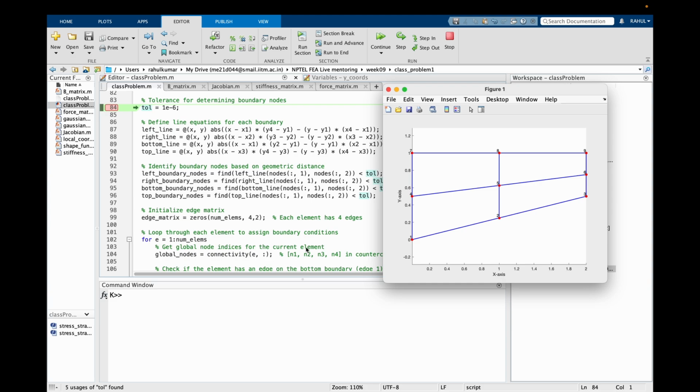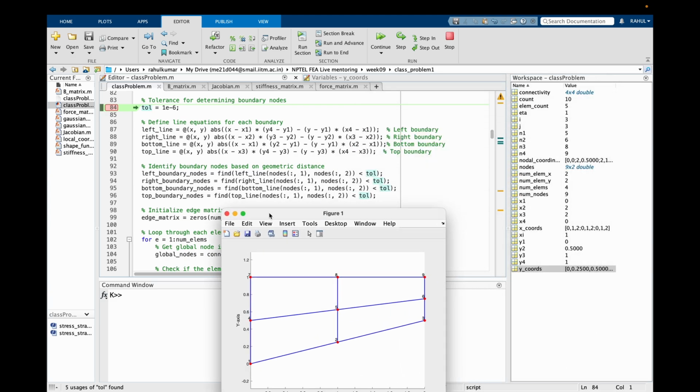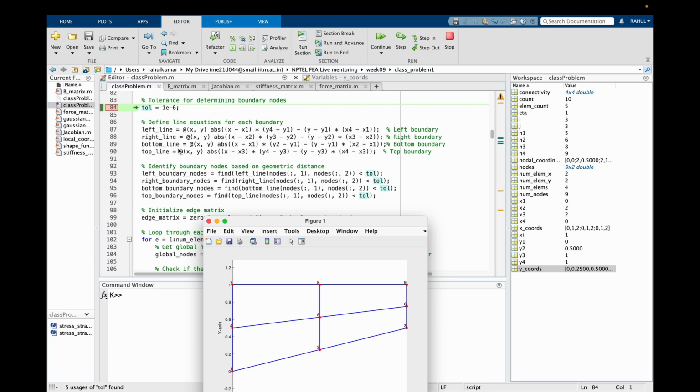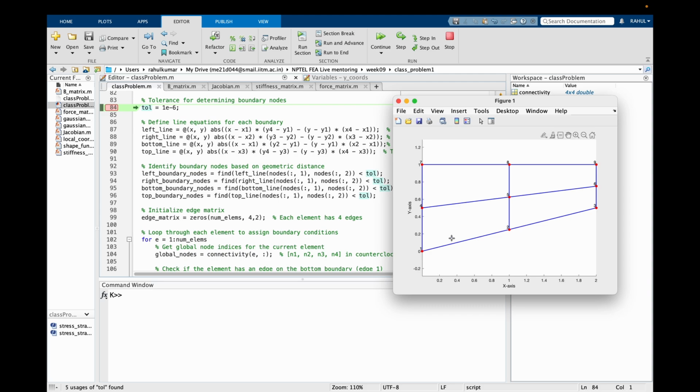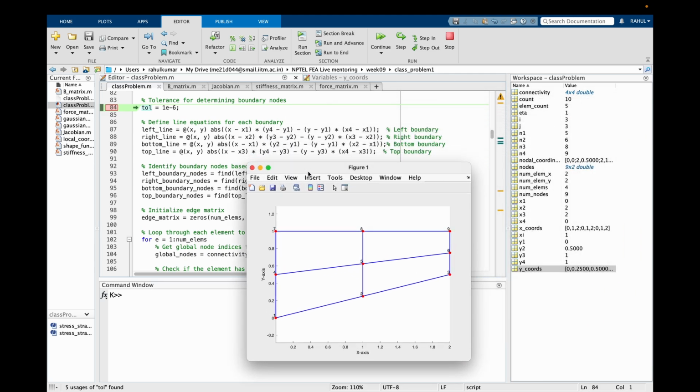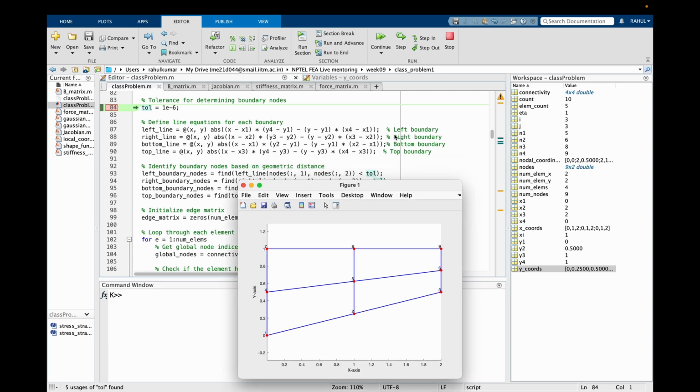It will create an edge matrix, and here I have created a function where, to create the edge matrix, it will find the nodes based on the boundaries. You can see that the left boundary equation is this, the right boundary equation is this, and the top and bottom boundaries will be this.